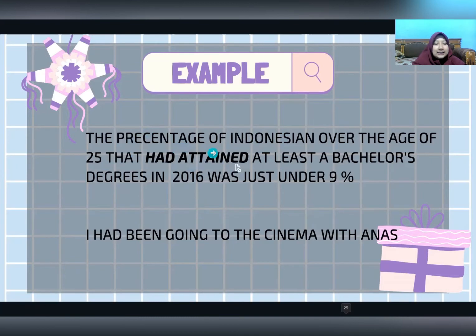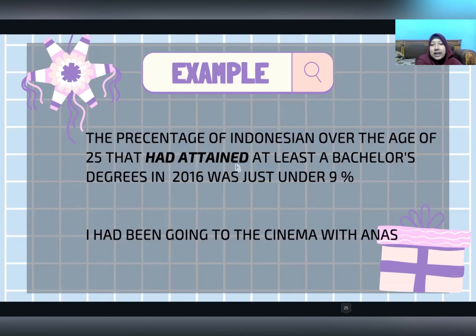Because the sentence expresses an event that happened in the past and was also completed in the past. So the sentence uses past perfect, marked by the auxiliary had followed by verb 3.